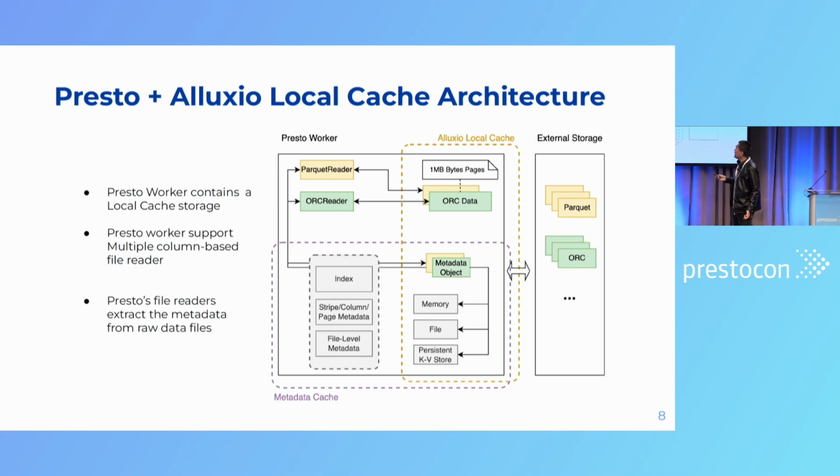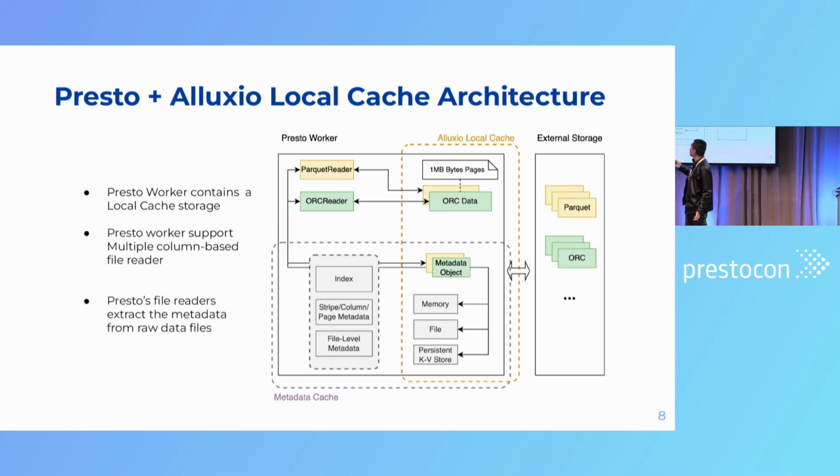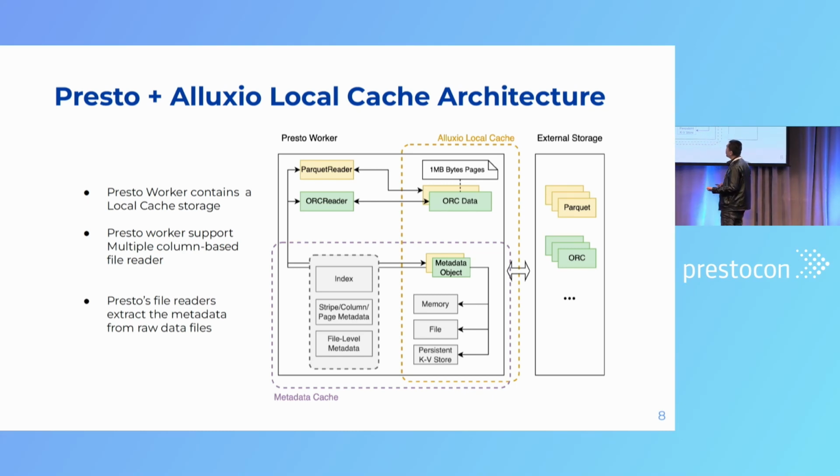Which means if we can put a metadata cache separately, firstly, we can improve the cache hit rate of this kind of metadata. Because in Facebook the cache hit rate is super high, since they have a router in front of a Presto cluster, so they can make each cluster handle only a couple of tables.